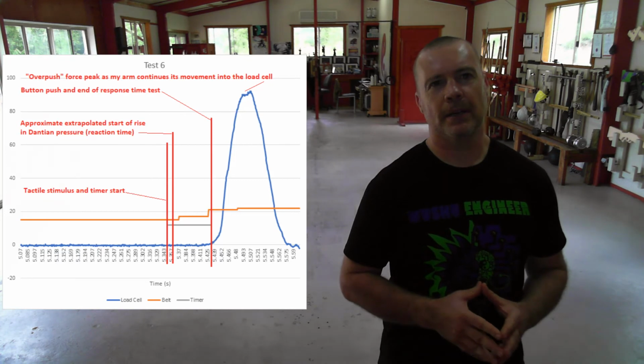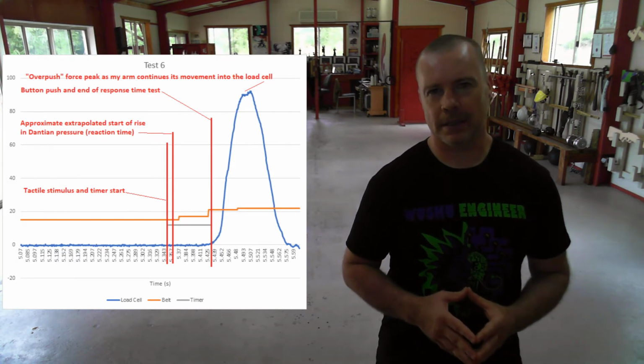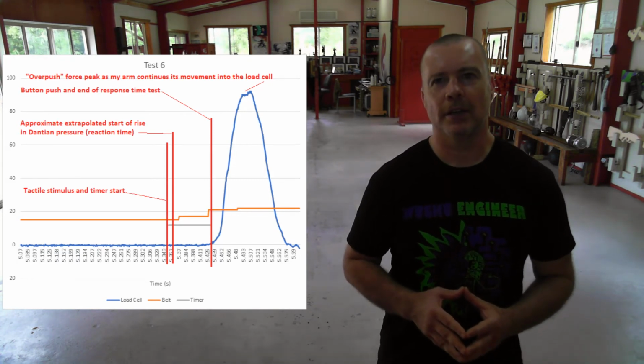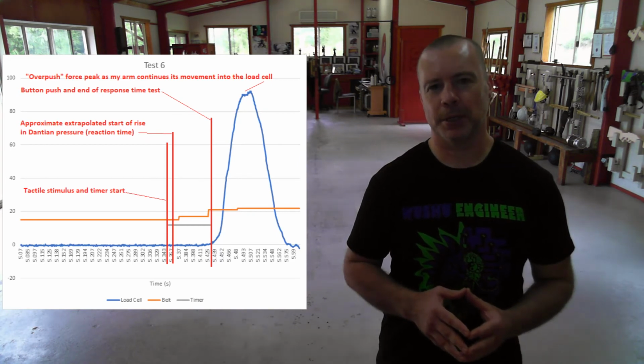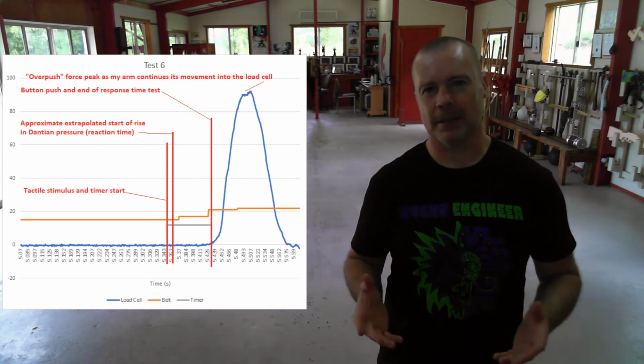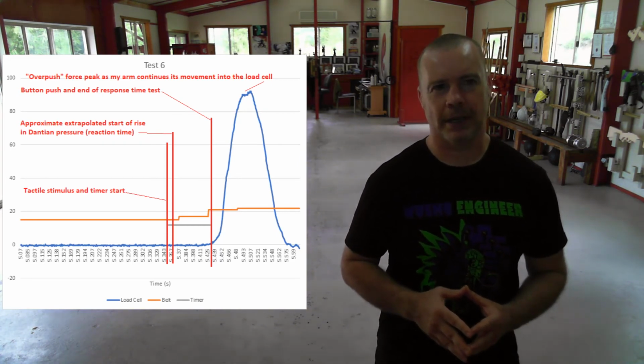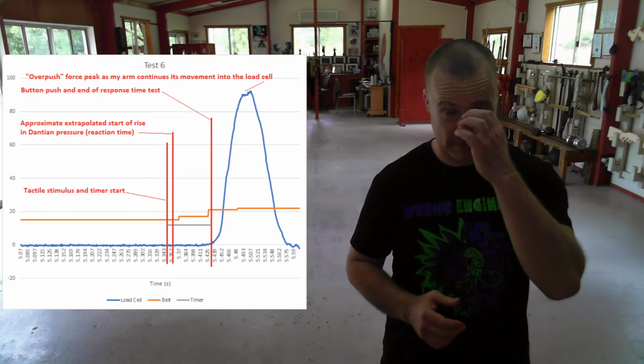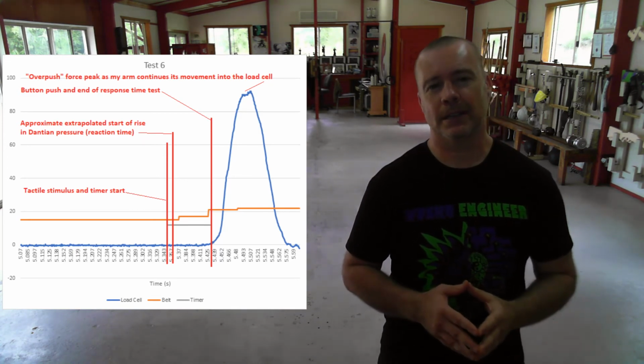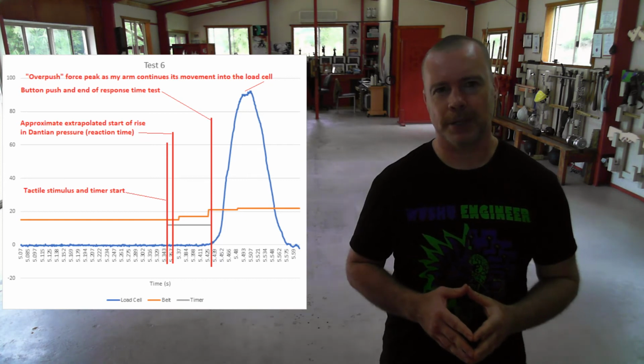Because of the blocky, low-res data from the belt sensor, the starting point of the curve showing rise in Dantian pressure has to be estimated based on what the rest of the curve looks like. As such, the starting point shown on this example is only an approximation.